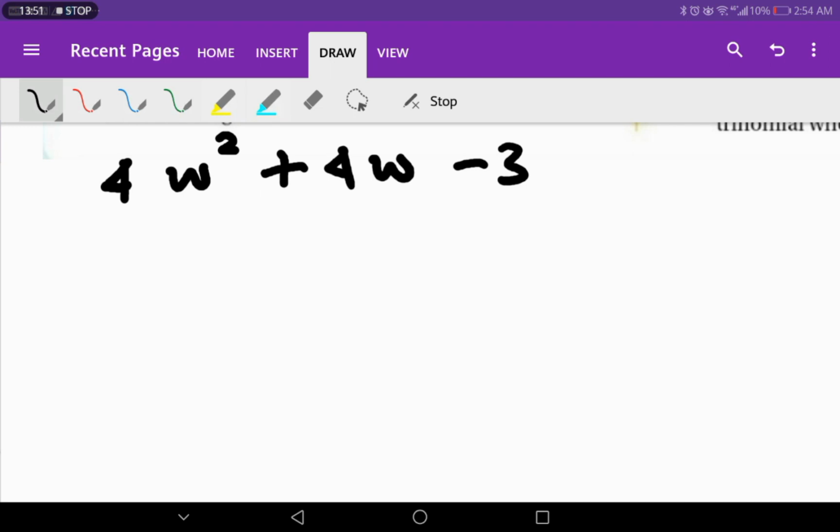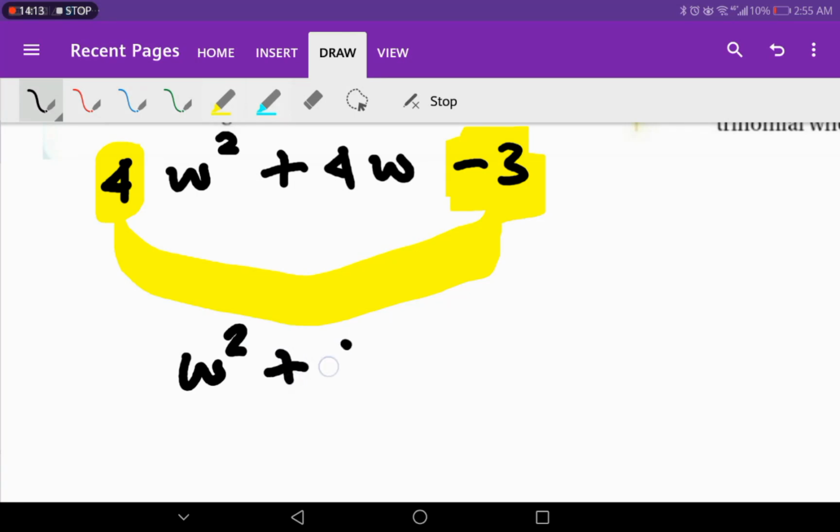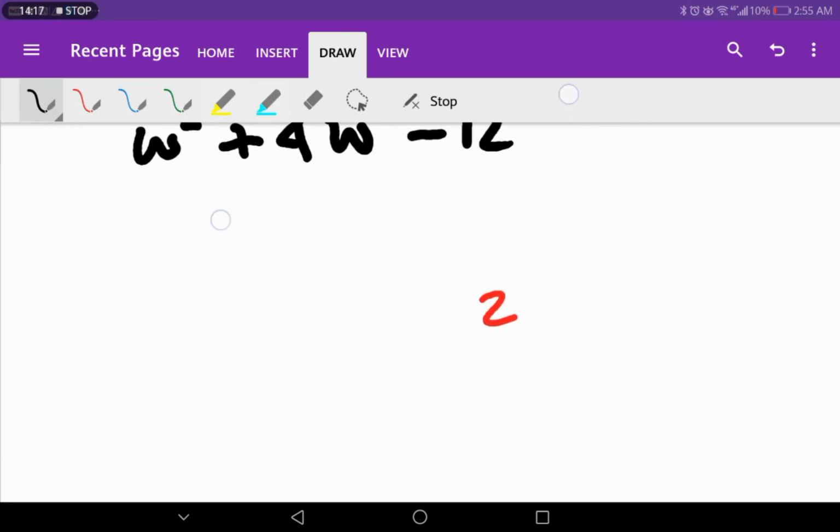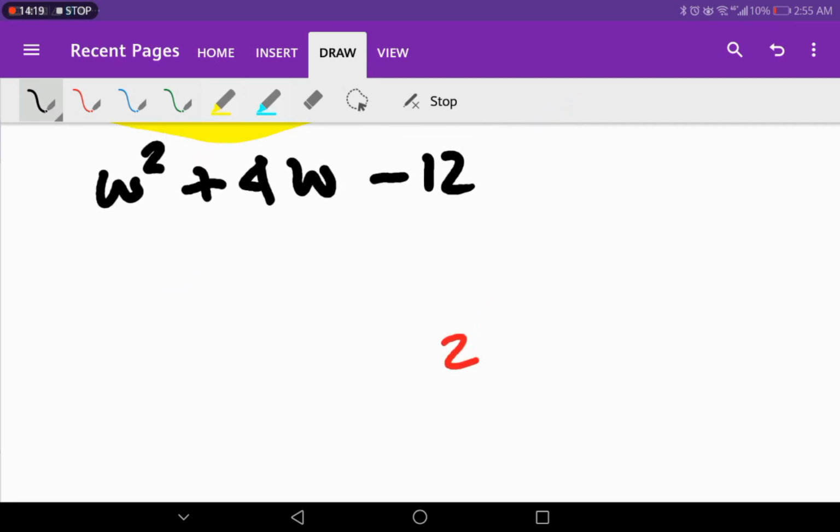Okay, so you have to be good in that. The more practice you do, the better you will be. So the first step, I multiply this by this, and it will be like this: w square plus 4w minus 12. And don't forget to write 4 and 4 here.